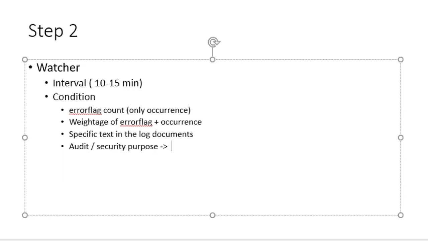Whether that information exists or not. If such information comes in the log and we alert them, then they can update their application. The audit and security people use this kind of alert.